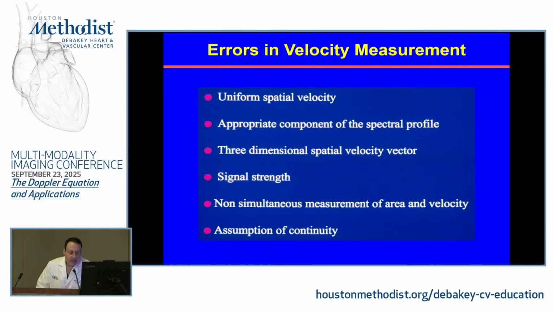It would be best to get the 3D representation of the velocity vector, and at times it is challenging to do that. That's why we want to always align with the flow as much as possible with minimum angulation. The larger the angle with the direction of the flow, the greater the error here. Signal strength.